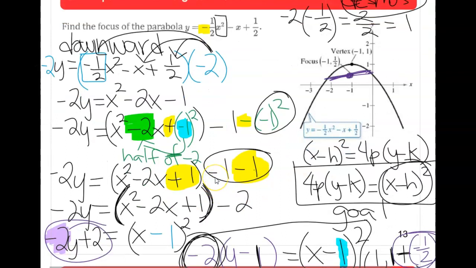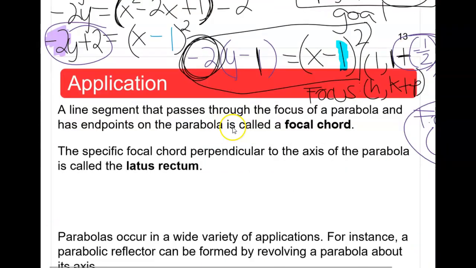Now, if that focal chord is perpendicular to the directrix that I'm drawing here, and then that will be called the latus rectum.